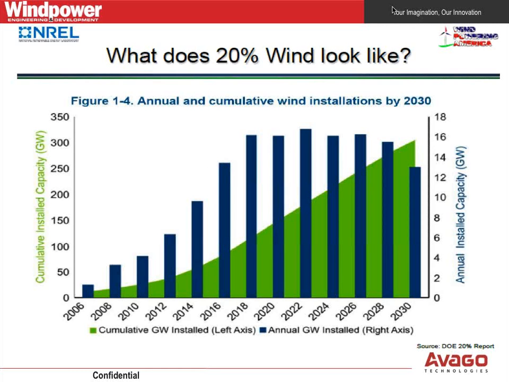This slide is a cut from some information from Wind Power America, and it shows there was an initiative, or a concept, of having 20% of our energy consumption generated by wind by the time 2030 rolls around. So what would this look like, and how are we performing here?